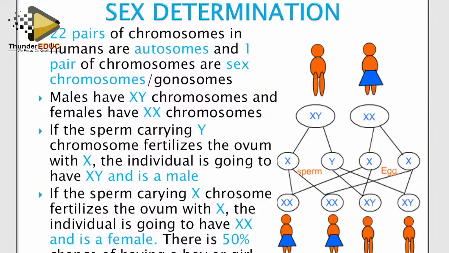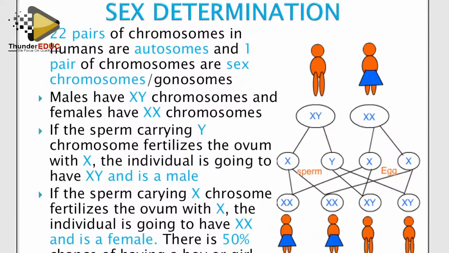When the X of the female ovum is fertilized by the X of the sperm, you produce X and X, which is a female. When the X of the ovum is fertilized by Y of the sperm, it becomes X and Y, which is a male.